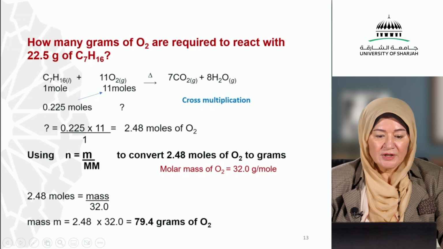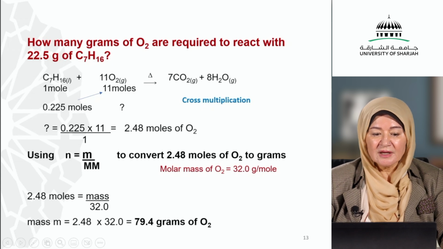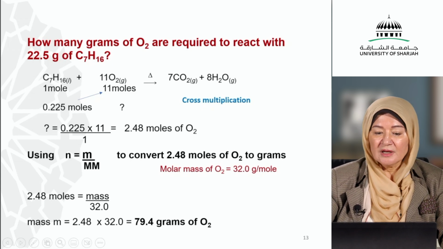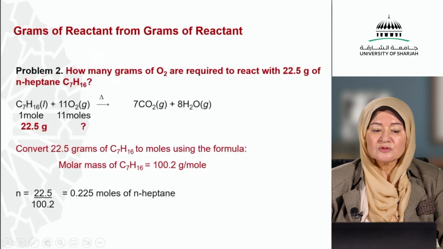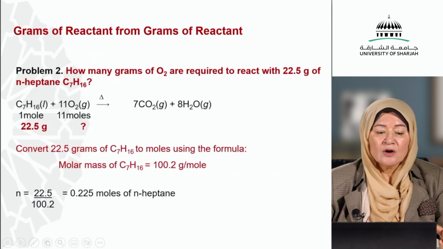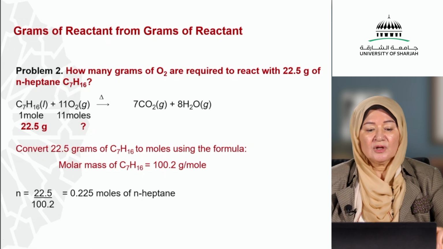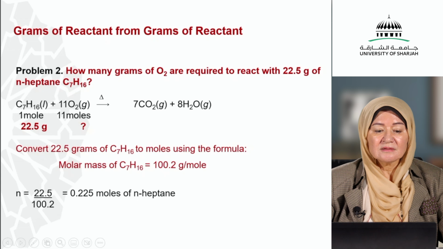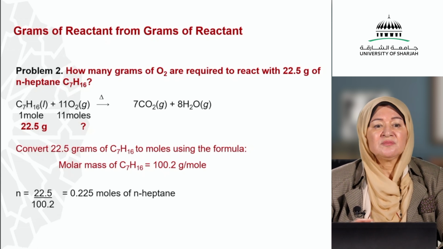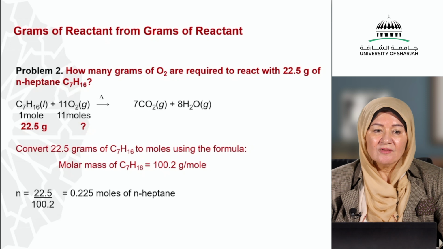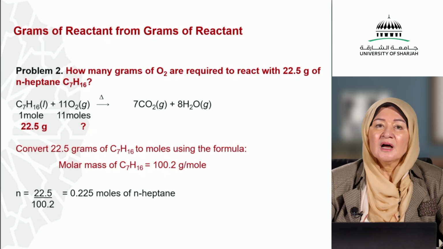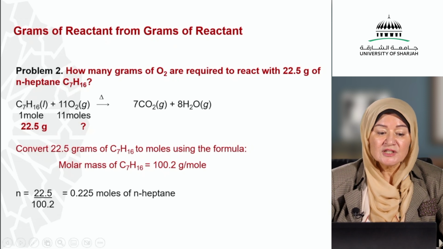My main concern here: they are asking me, if I start with 22.5 grams, how much oxygen do I need? The first thing, I should know the molar mass for both, for n-heptane and for oxygen. I just put them beside me. Whenever I have them, I first convert this 22.5 grams into moles.